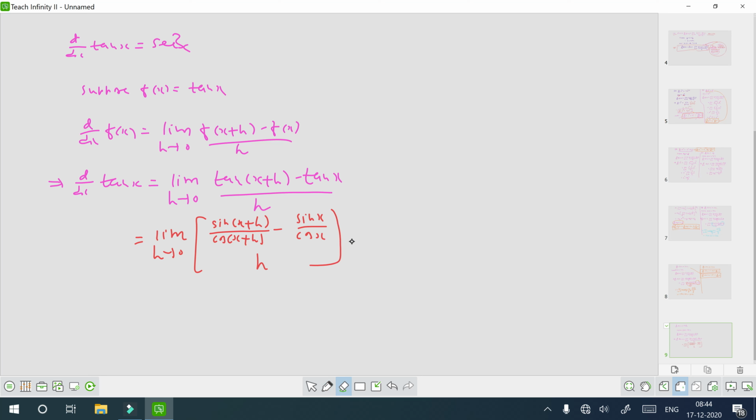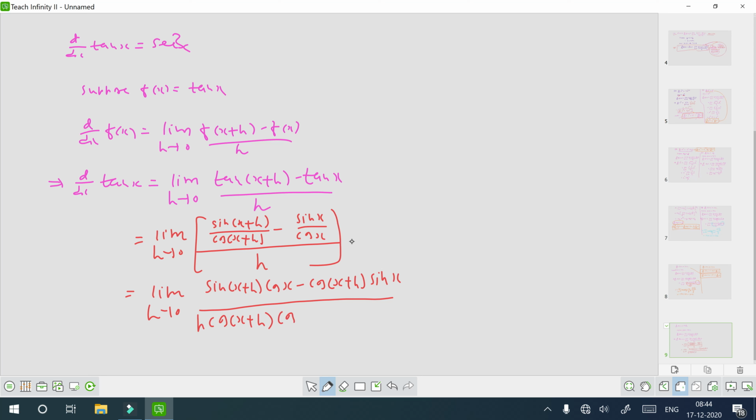Clear? Yes. Now take LCM. Limit h tends to 0, sin of x plus h into cos x minus cos of x plus h into sin x, over h into cos of x plus h into cos x. Clear?